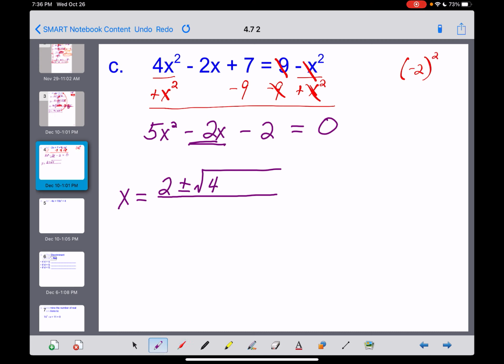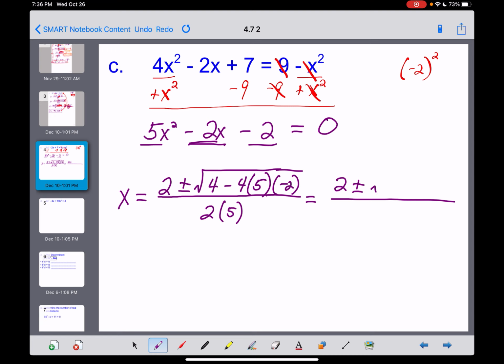Okay, so there's b squared minus 4 times an a value here of 5, first time we've seen that, and a c value at the end of negative 2, all over 2a, where a is that 5 value again. And while we're at it, let me again try to save some space right here. We're going to have a 2 plus or minus the square root of, and what we're going to do here, guys, is take all of this radicand and put that all into the calculator at once.